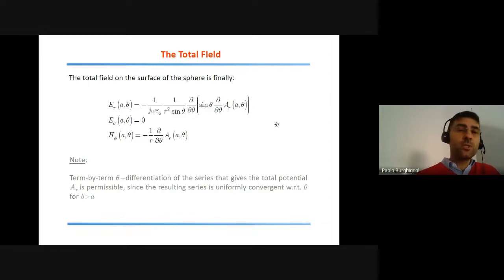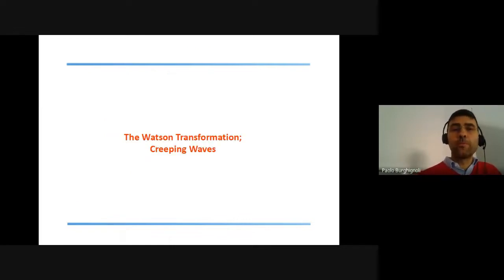Those differentiations can be carried out on the infinite summation, because the series involved is uniformly convergent with respect to the angle theta, and therefore it's feasible to differentiate. So if you do so, you will obtain a series representation for the electric field and for the magnetic field. So this is the formal solution, the final formal solution.